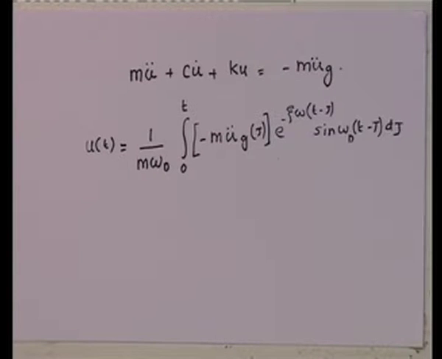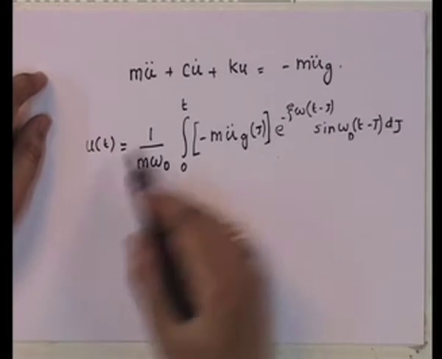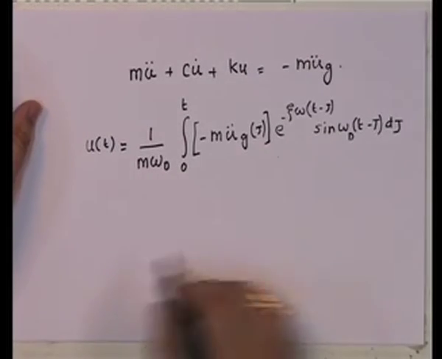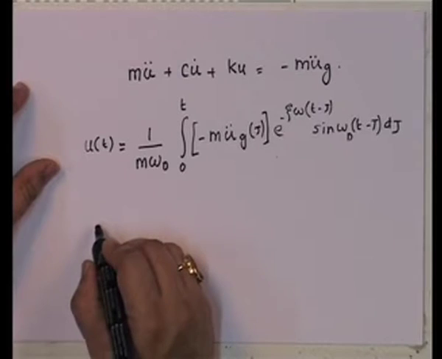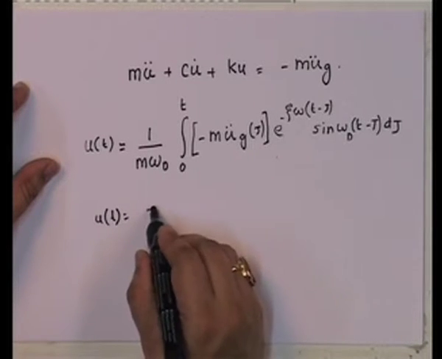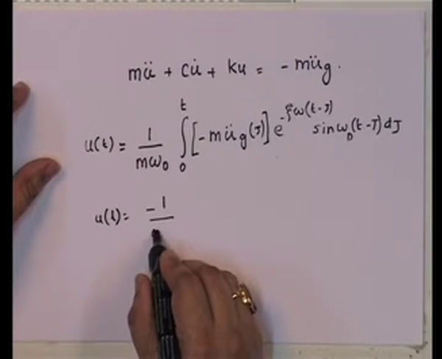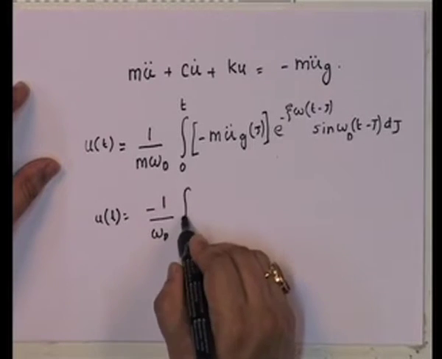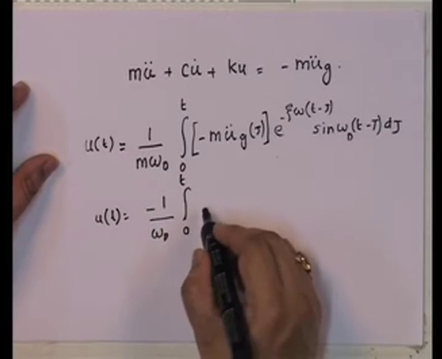Okay. So this is u of t, and if I rewrite this, the m goes out, the minus goes out, and u of t is equal to minus 1 upon omega d, integral from 0 to t.